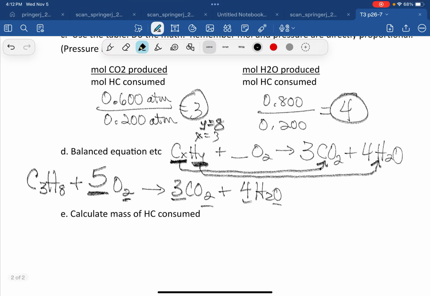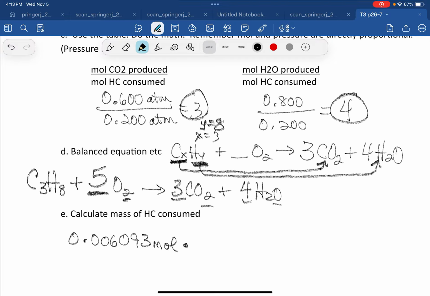Calculate the mass of hydrocarbon consumed in this experiment. So we've got 0.00609 moles of hydrocarbon.